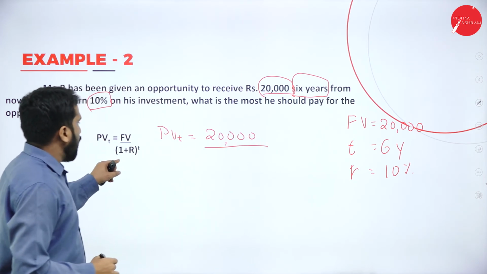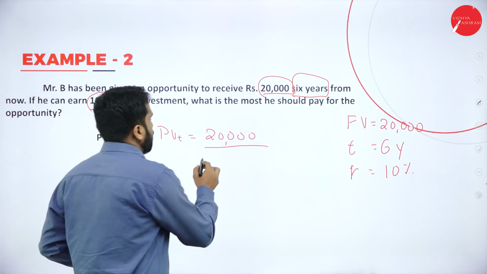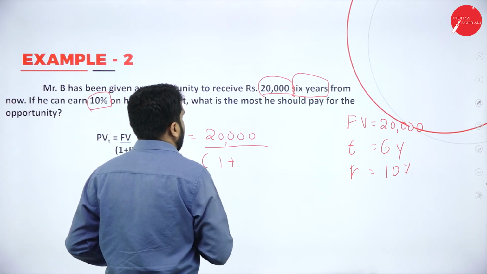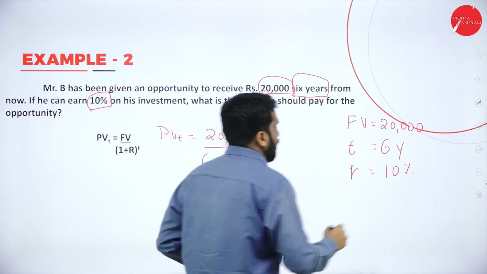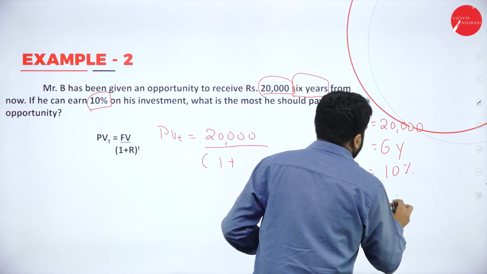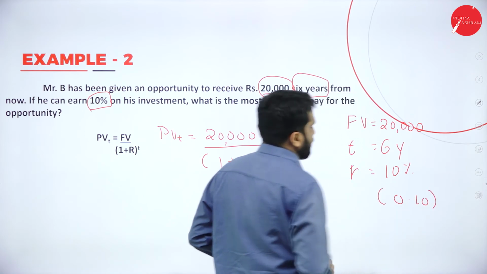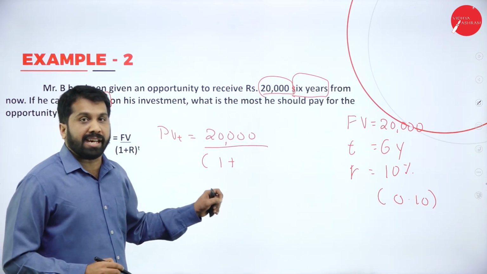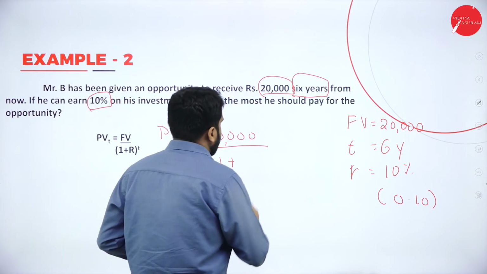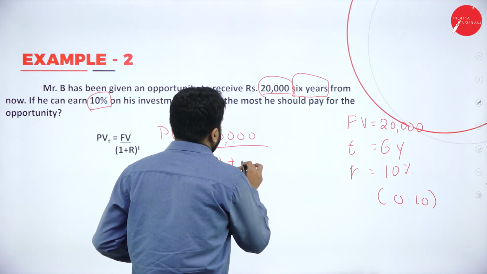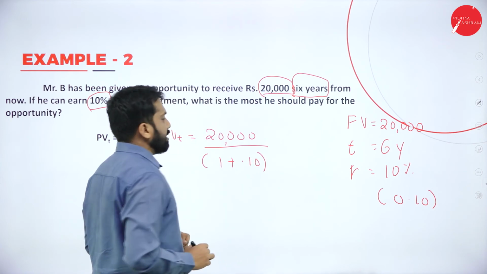divided by 1 plus R. So it will be 1 plus R. What is the R? 10%, we can call it as 0.10. Now, this will be 0.10. This is done.